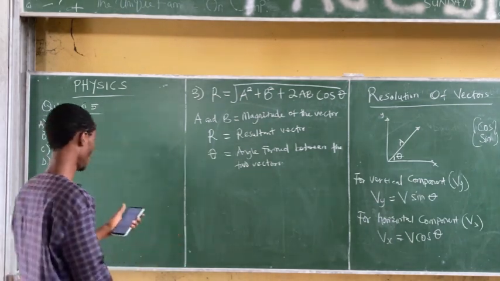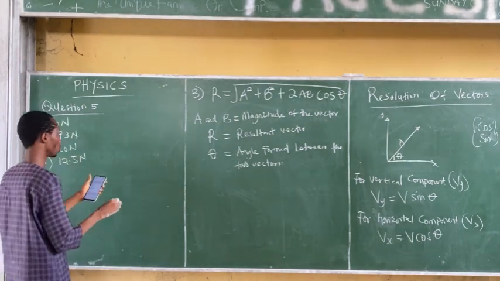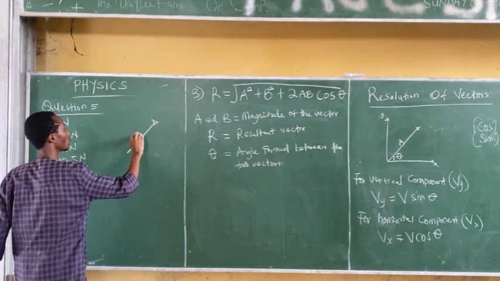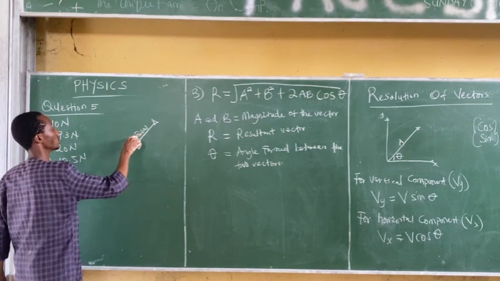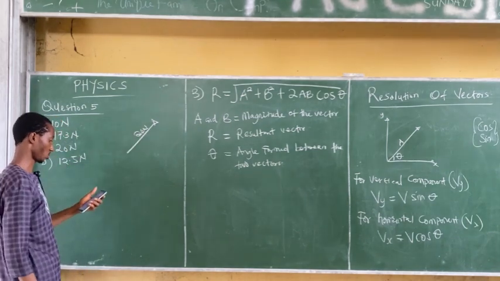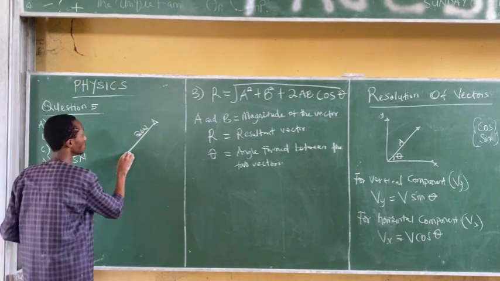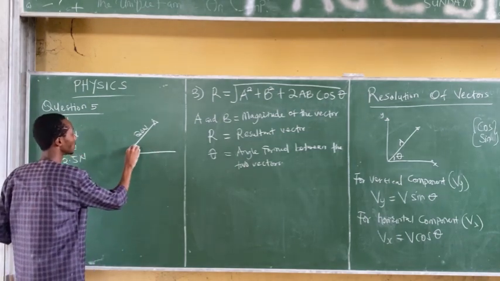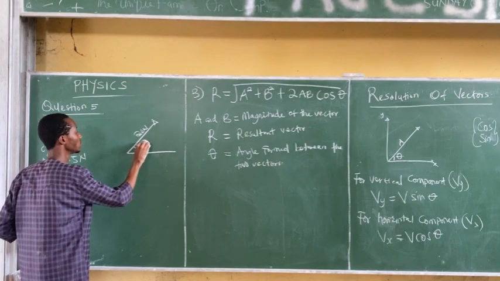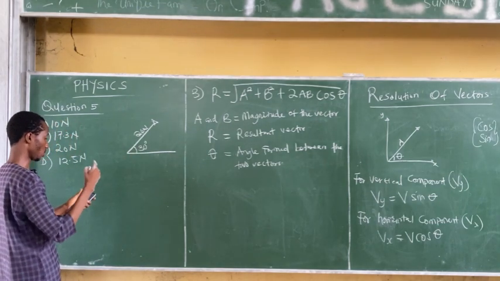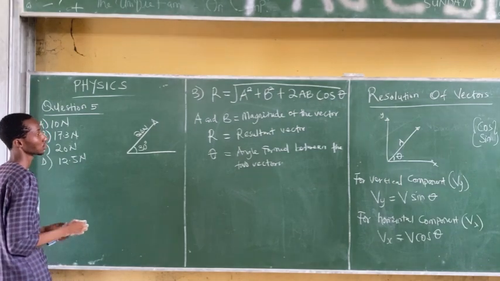They say a vector of magnitude 20 newtons. Let's assume this is the vector and this is its magnitude. They say it makes an angle of 30 degrees with the horizontal. This is the horizontal, right? They say, what is the horizontal component?